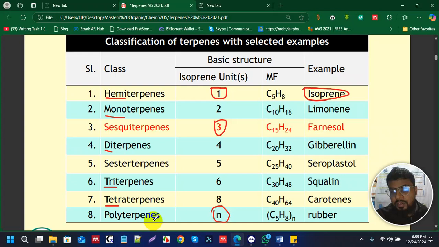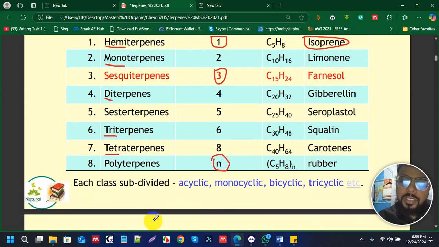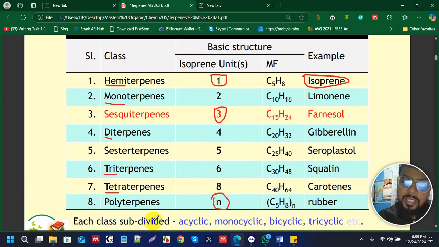When you use the term polyterpene, it means polyterpenes contain a higher number of isoprene units. So guys, that's all about the classification of terpenes with selected examples. We can also subdivide this classification as acyclic: terpenes which do not contain any ring are known as acyclic terpenes.